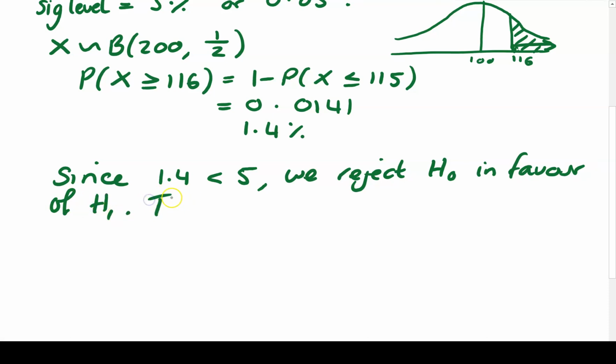And then you say there is, you always have to write this, and it will either say significant evidence, enough evidence, or no evidence, or not enough evidence.